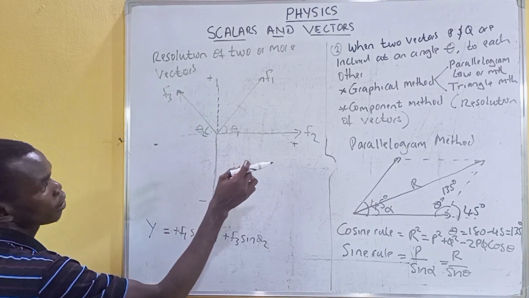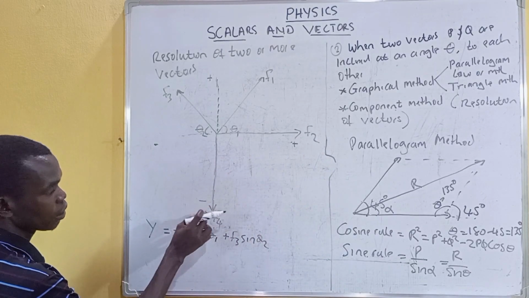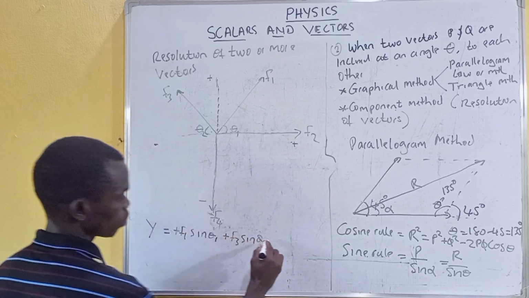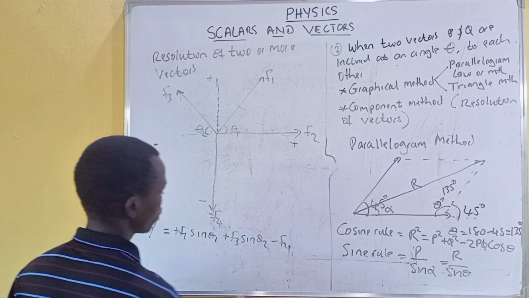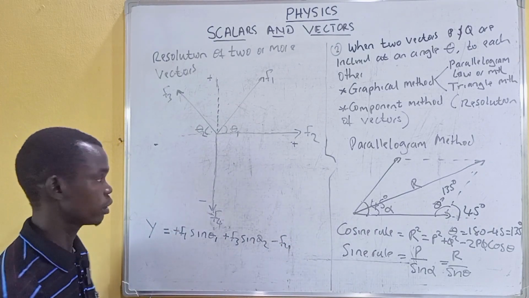And this is in the horizontal direction and this is in the vertical direction. And you look at this, this is negative F4, so minus F4. This is the sum of the vertical components.